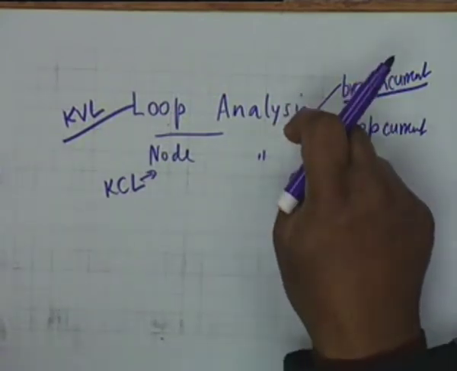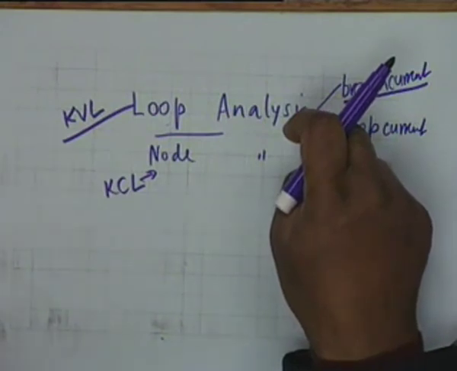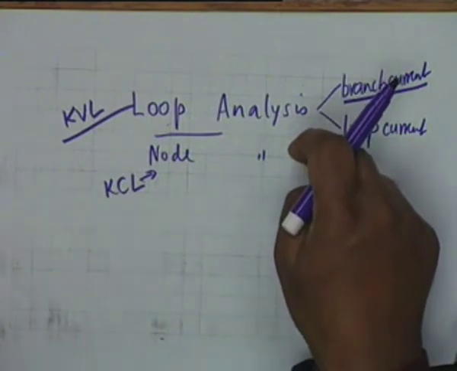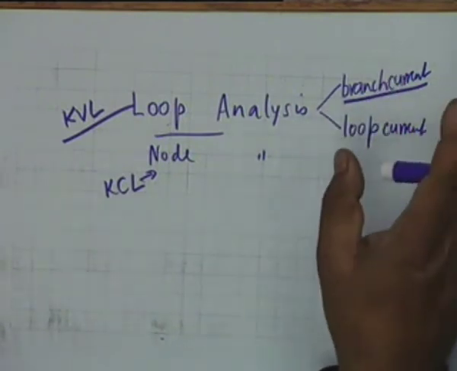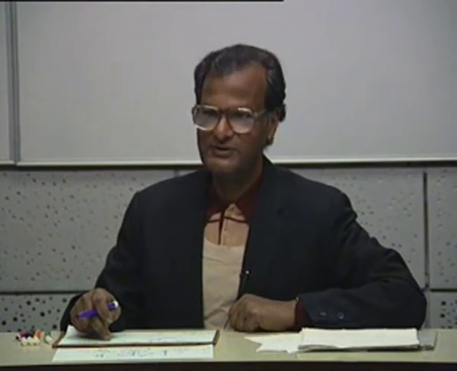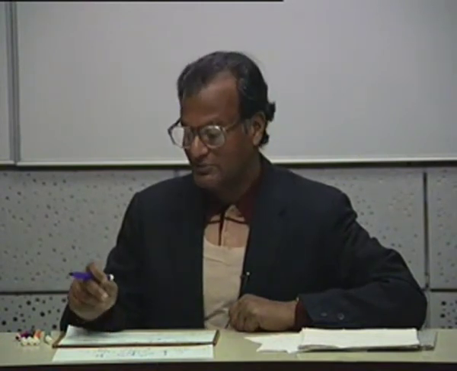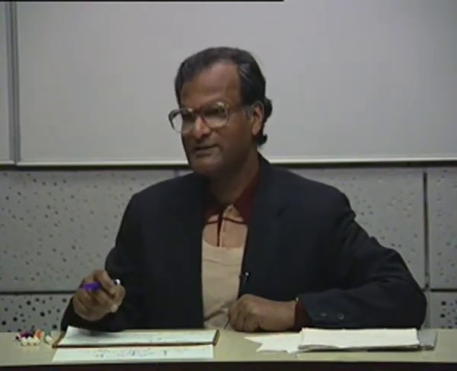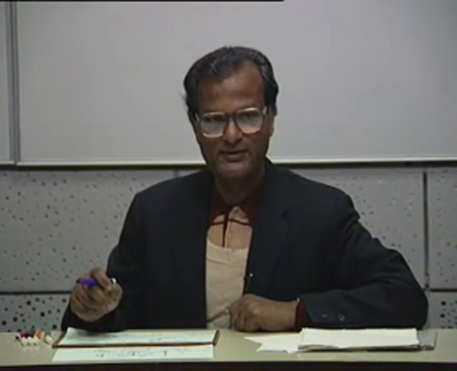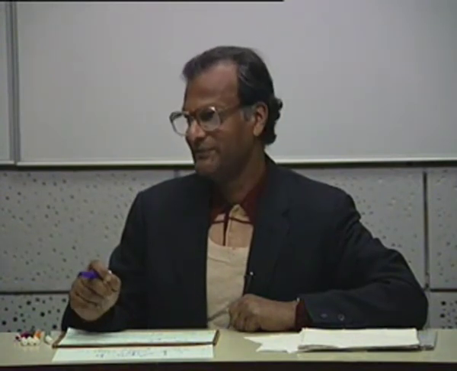In loop analysis we solve for currents, in node analysis we solve for voltages. Either method is okay for a given situation, but as you shall see later on, one of them shall be preferable in a given situation. In a given situation you might have to work less with node analysis rather than loop analysis. Alright, is the point clear?